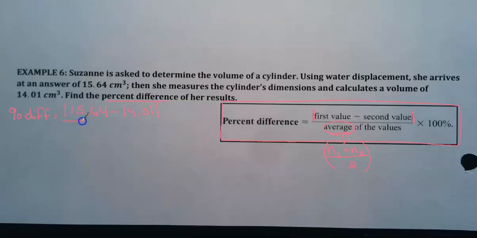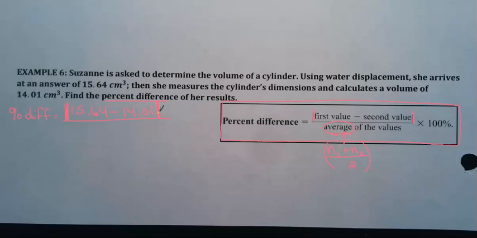We're going to divide that by the average of the values. Okay, so are you doing the math on the numerator here? No. Write the whole equation. Put your calculator down. We want to write the whole equation before we start doing any calculations. We want to get everything in place, because otherwise we tend to lose our spot.